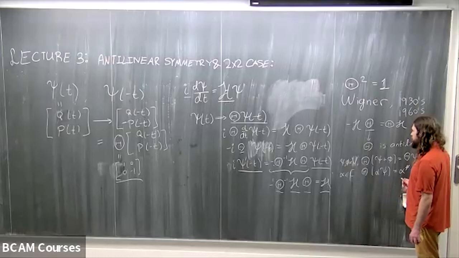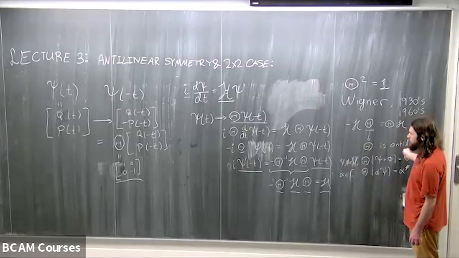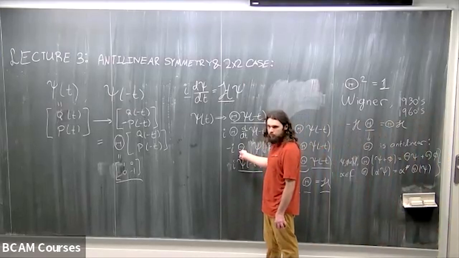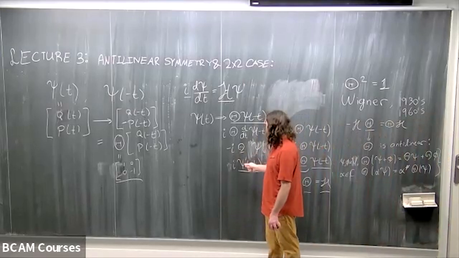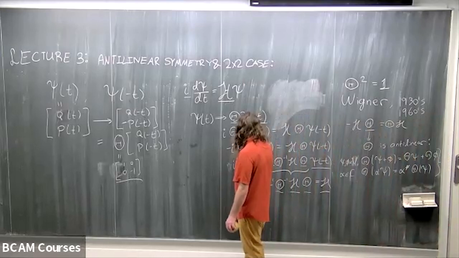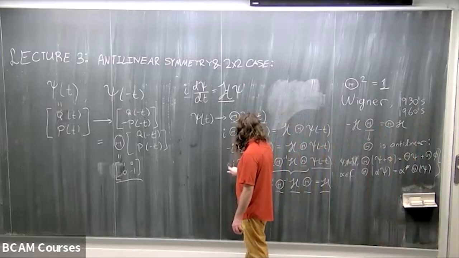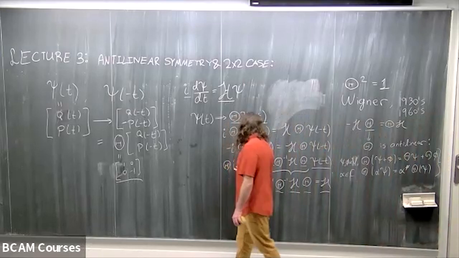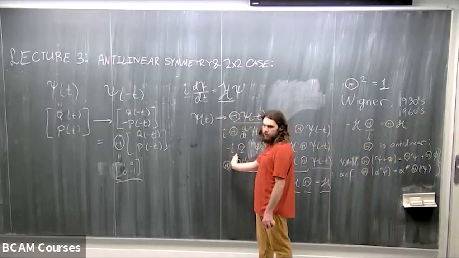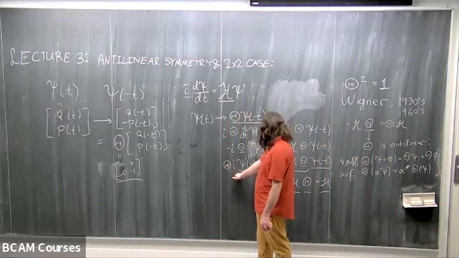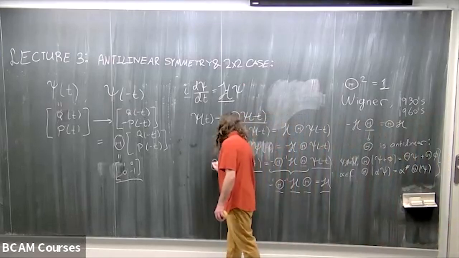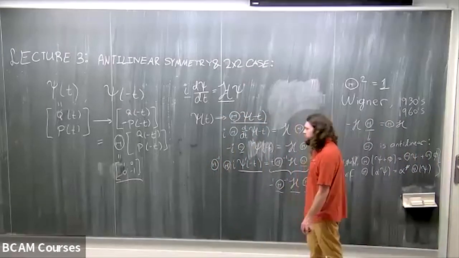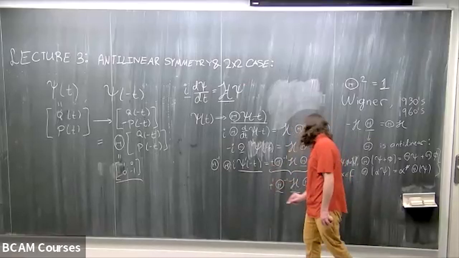Now, another thing that I'll emphasize: if theta is antilinear, when we go through and take the inverse of theta on both sides of this, I have to be kind of careful in this step, because the first thing I have to do is move theta. I have to commute it with this factor of i, and that picks up a minus sign. So this minus sign becomes a plus.